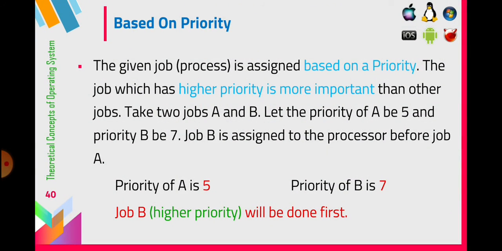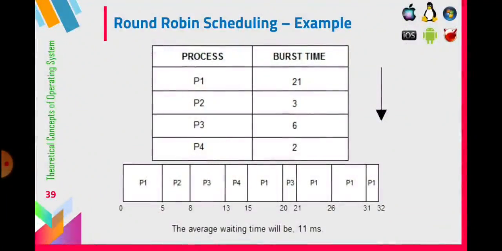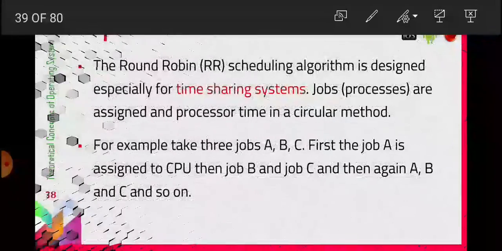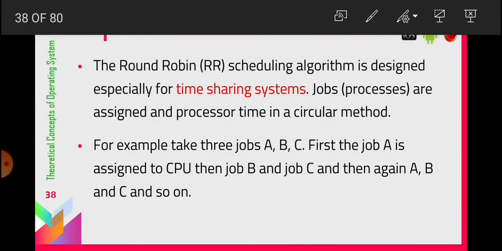I will give one more example: A, B, C, three processes. Process A needs 10 seconds, B needs 15 seconds to complete, and C needs 20 seconds to complete. But the time allocation is 5 seconds for each process.